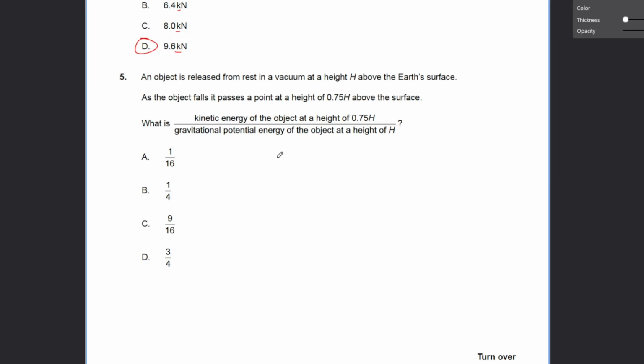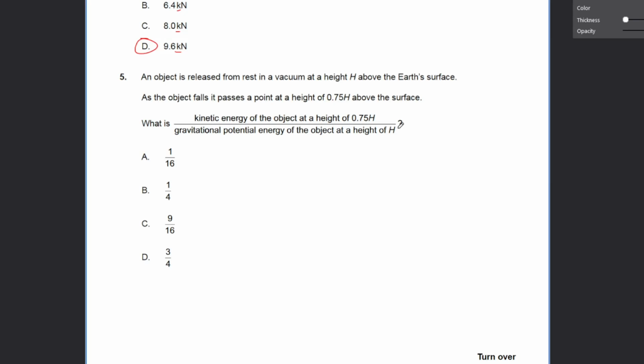Okay. So I think this might be a bit useful to think about in terms of total energy. So let's look at the gravitational potential energy of the object at height h. So this is at the maximum height where it's about, say, to be released.